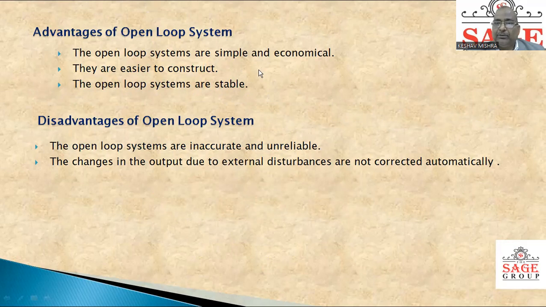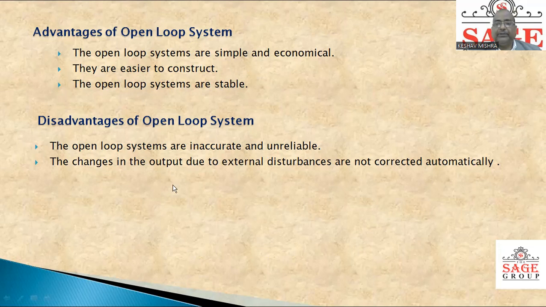So they can be designed easily, and obviously they are inexpensive. Only limited components are required for open loop systems, so they are easy to design and inexpensive, but one problem is there. They cannot take any corrective action. In fact, open loop systems are stable also.